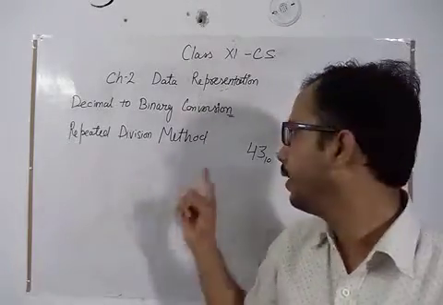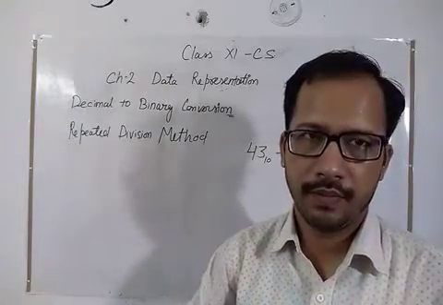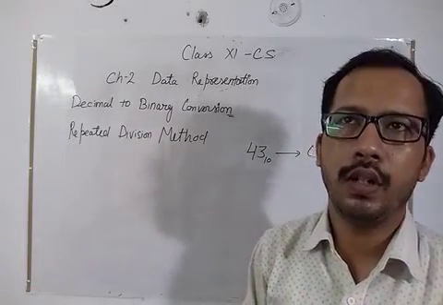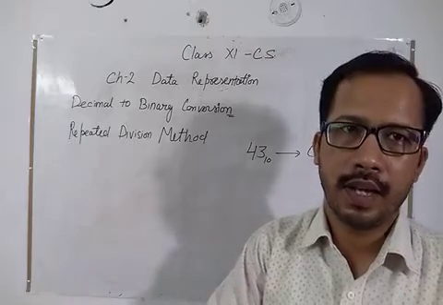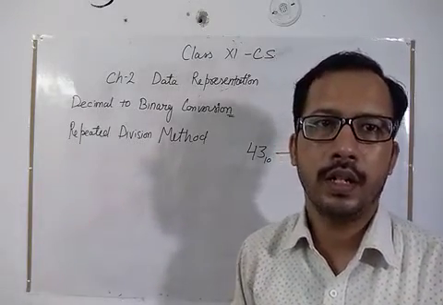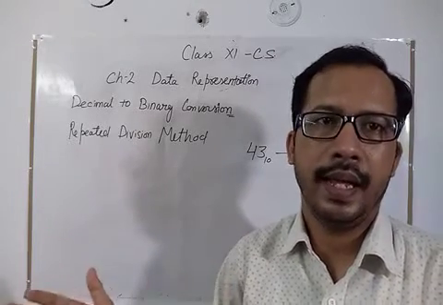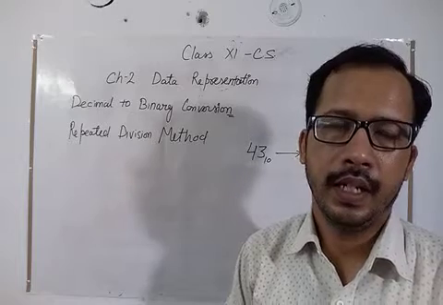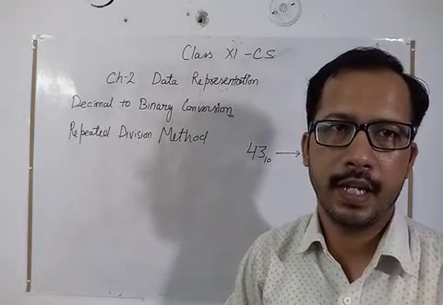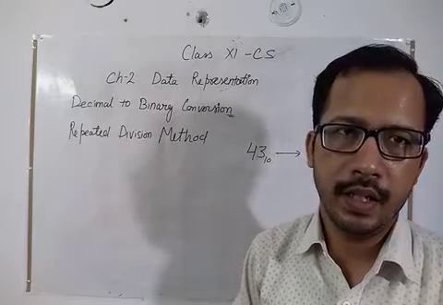So divide the given number by the base of the desired number system successively and arrange all the remainders from the last remainder to the first remainder in order, MSB or MSD to LSB or LSD. In case of binary it is MSB, LSB. In case of other number systems it is MSD, LSD.